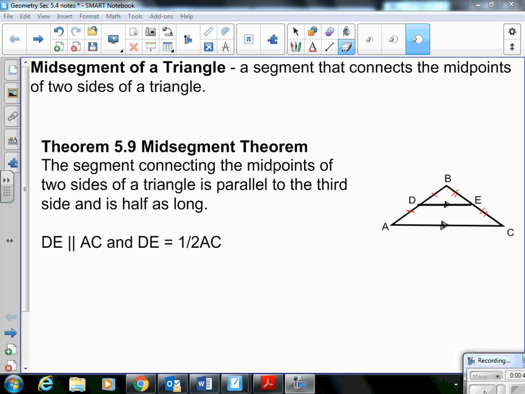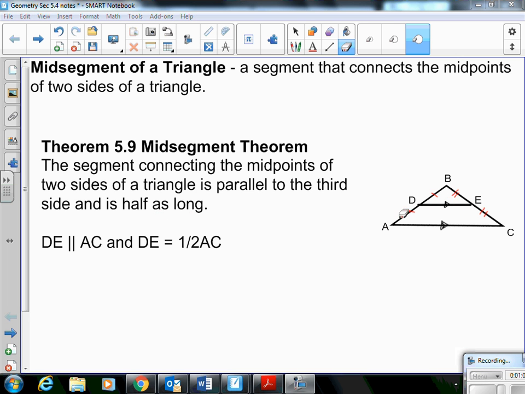So the mid-segment theorem tells us that the segment connecting the midpoints of two sides of a triangle is parallel to the third side and half as long. So DE is going from the midpoint of AB to the midpoint of BC, making it a mid-segment.